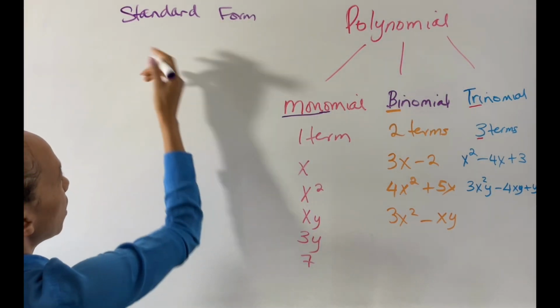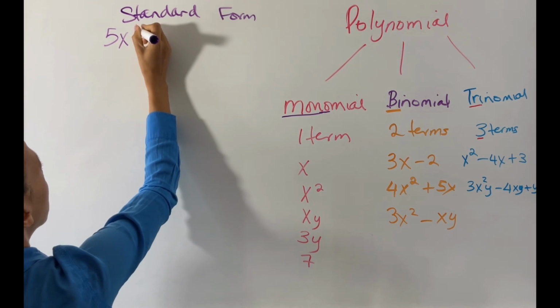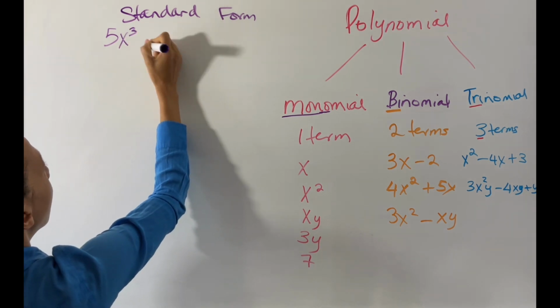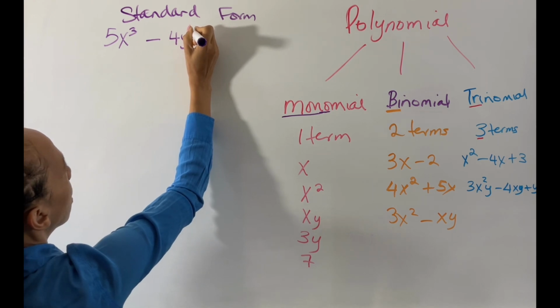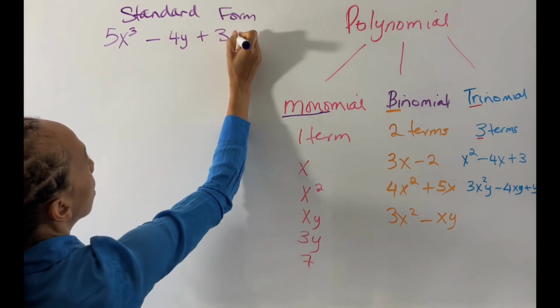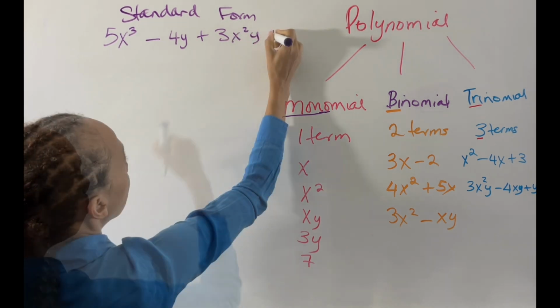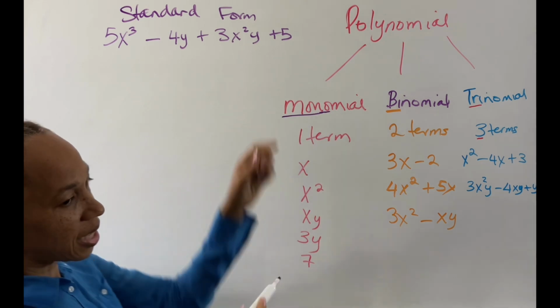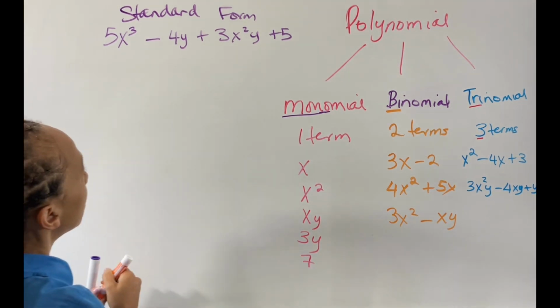If you're given an expression like 5x to the third power minus 4y plus 3x squared y plus 5, you will notice that this is not in standard form. So you will have to write it in standard form.